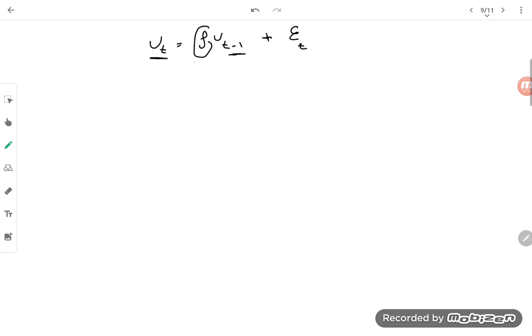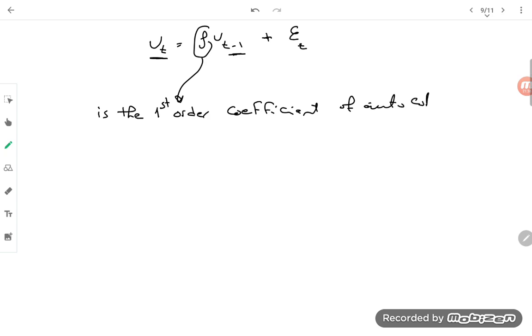Rho is the first order coefficient of correlation, or the coefficient of autocorrelation of lag 1.